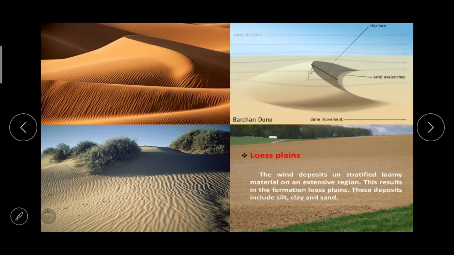As a result, specific landforms are formed, like sand dunes, barchans, seifs, ripple marks, loess plains, etc. These are formed by wind deposition.